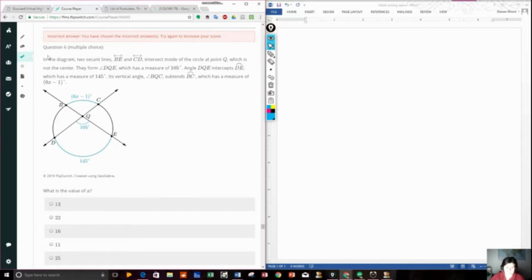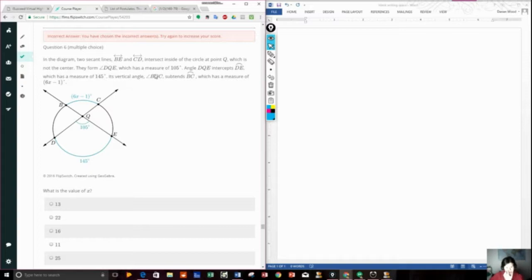So in question 6, in the diagram, two secant lines BE and CD intersect inside of the circle at point Q, which is not the center. They form angle DQE, which has a measure of 105 degrees. Angle DQE intercepts arc DE, which has a measure of 145 degrees.